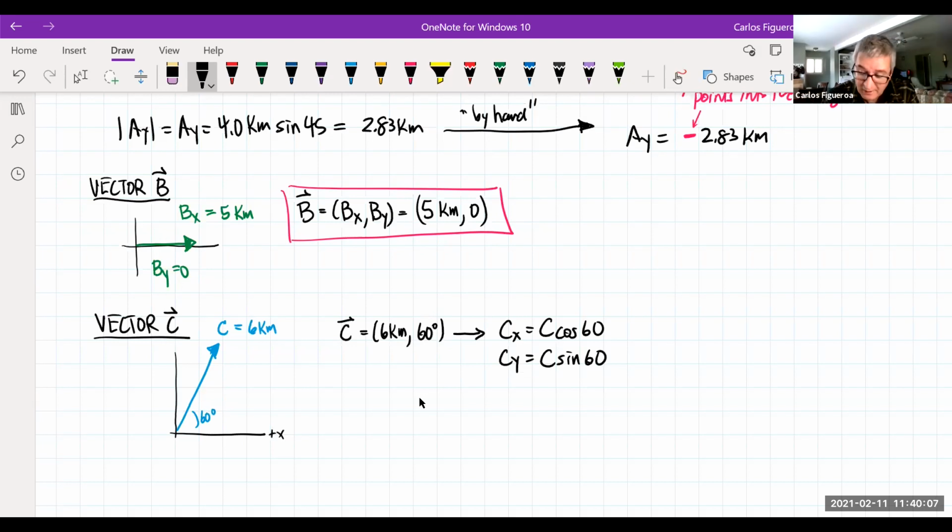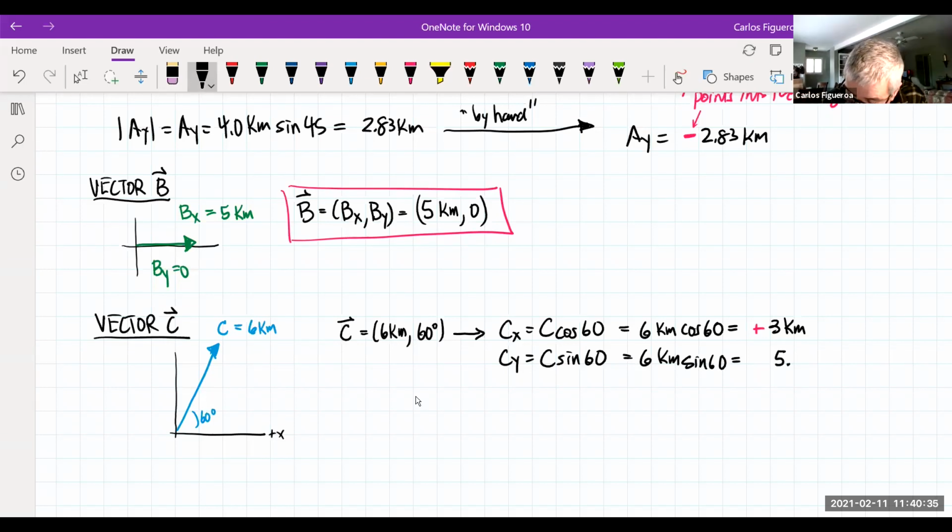So if I do that, I'm just going to keep plugging in my values. This will be 6 kilometers cosine of 60. And because it's in the first quadrant, my length here is 3. Because I see it's in the first quadrant, I give it a sign of plus. If I repeat this for this guy, what's the length in the first quadrant?